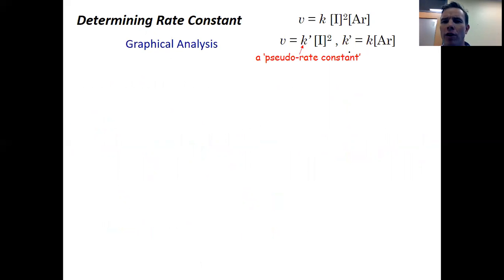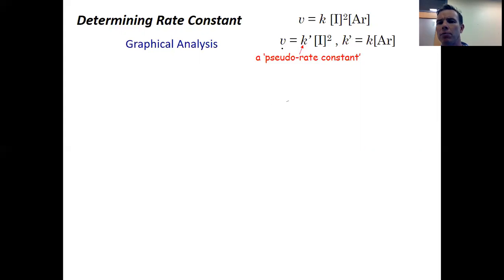And here's the overall rate law. The way that you usually handle this is because argon is in such large concentration, I can suck argon times the rate constant up into some new pseudo rate constant. And I would get that V is equal to K prime, this pseudo rate constant, times I squared.